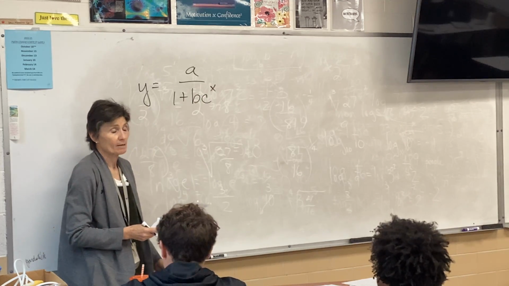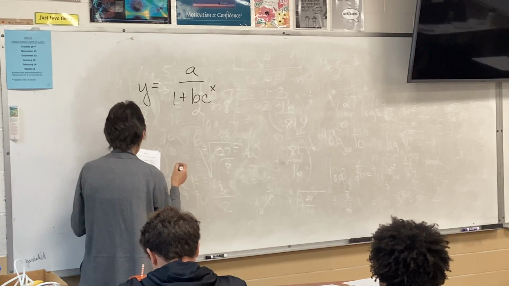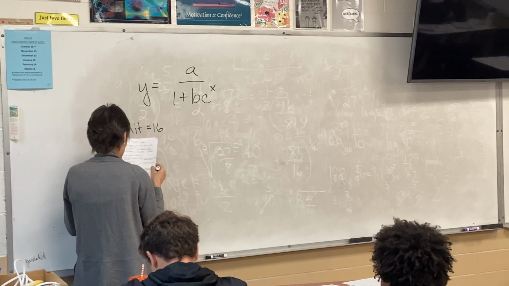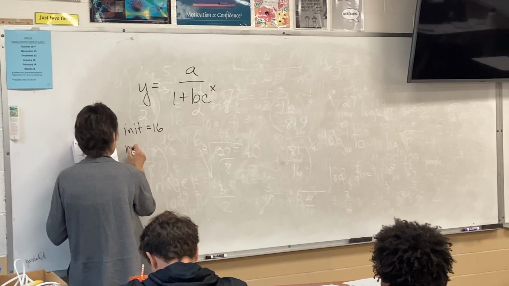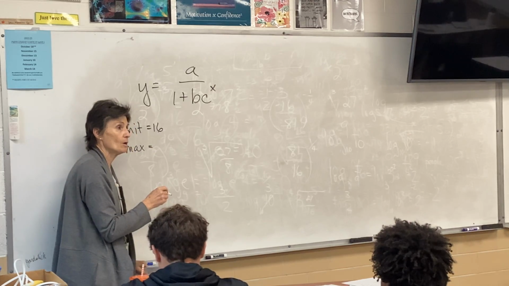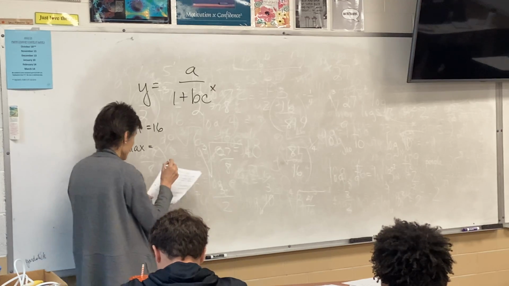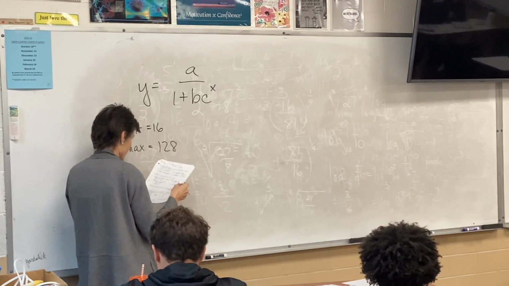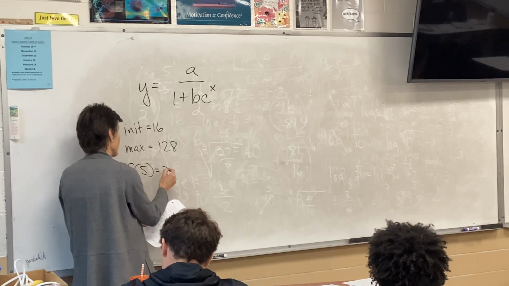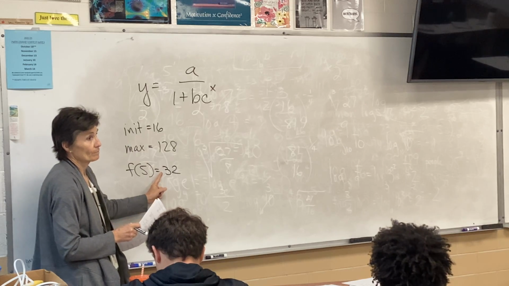That's our logistic function. We are told that the initial value is 16. The maximum sustainable population, otherwise known as the limit to growth, is 128. And some random point on the curve is the point (5, 32).